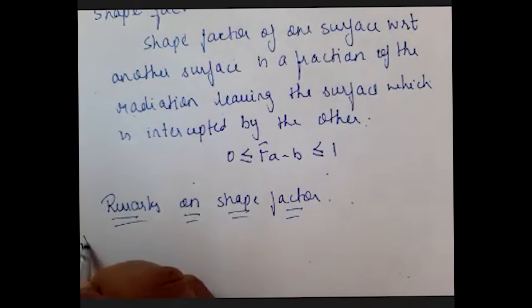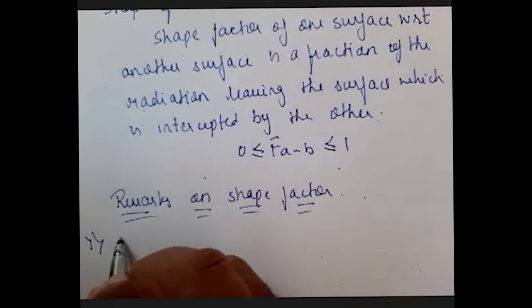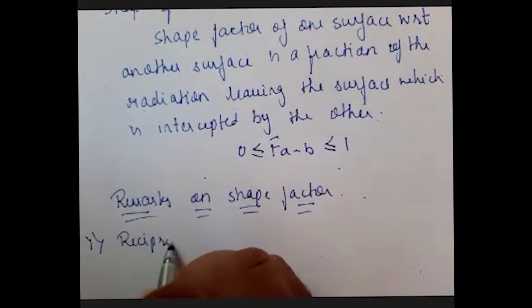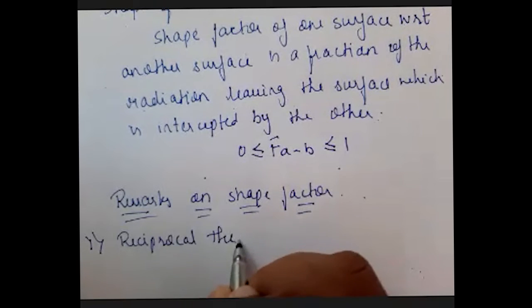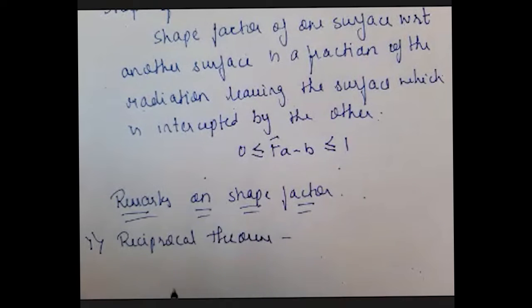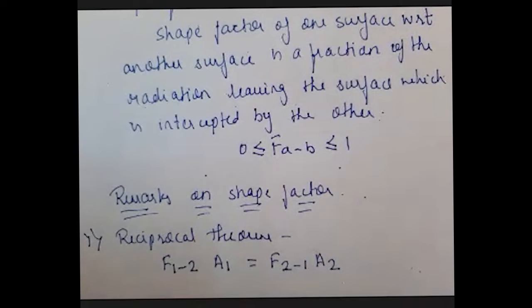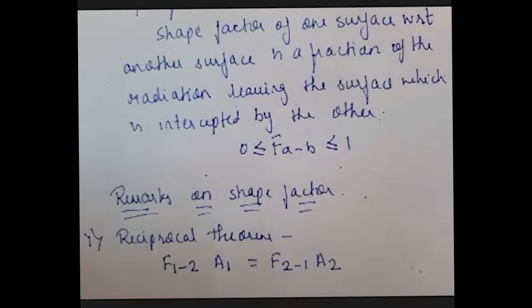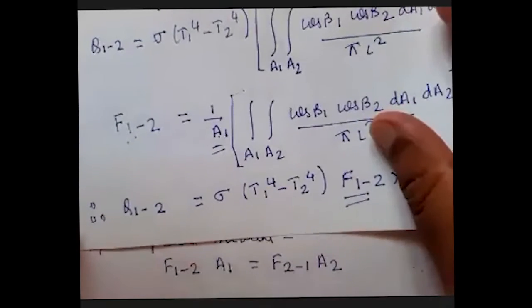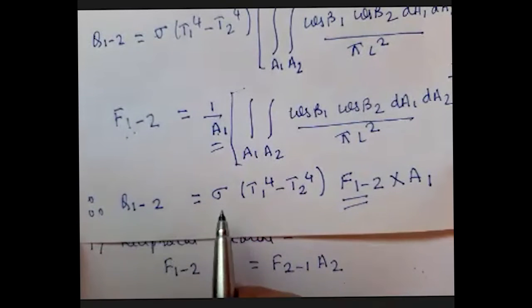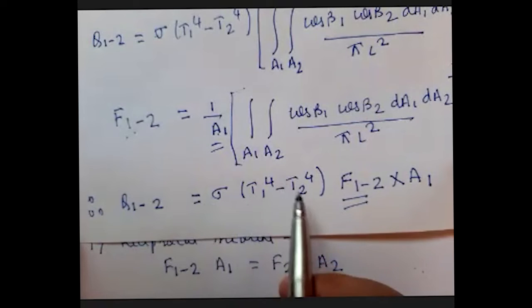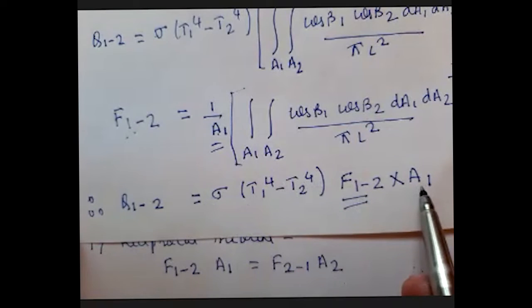The first one is the reciprocal theorem. That is nothing but F12 into A1 is equal to F21 into A2. Say for example, in this equation, I have Q12 is sigma into T1 raised to 4 minus T2 raised to 4, F12 into A1.